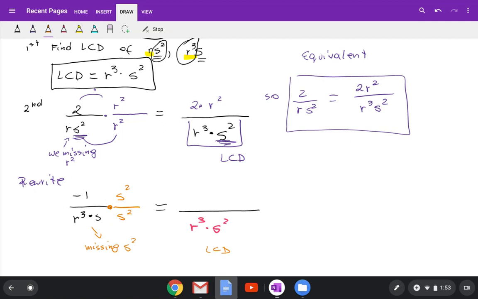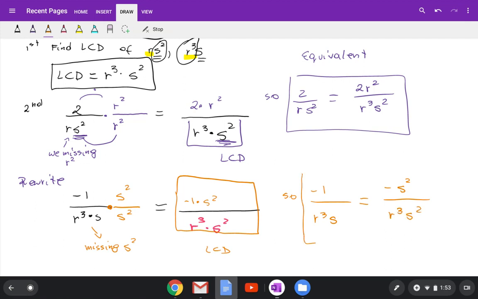Okay, so now we have negative 1 times S squared. And that's our equivalent fraction. Okay, so negative 1 over R cubed S is equivalent to negative S squared over R cubed S squared.